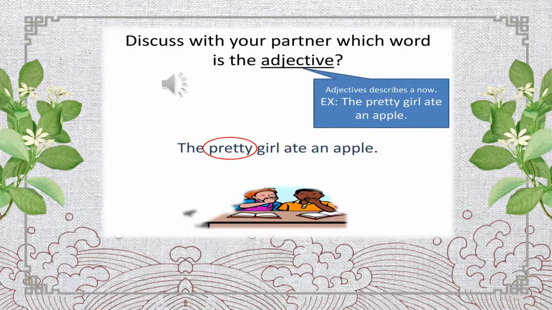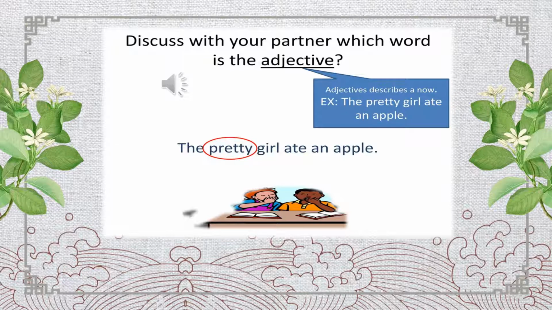Now here is an activity which you can do with your friend to understand the adjective. Discuss with your partner which word is an adjective. Adjectives describe a noun. Example, the pretty girl ate an apple. Now if I ask you which word is adjective here, what will you tell? The pretty girl ate an apple.